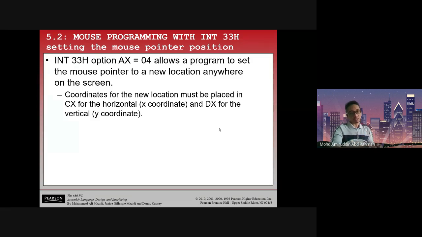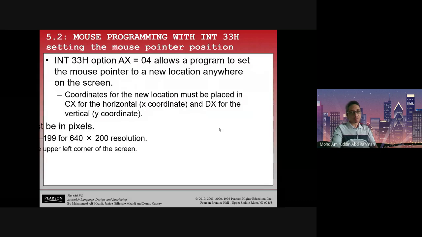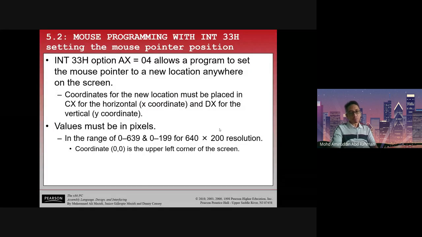Coordinates for the new location must be placed in CX for the horizontal and DX for the vertical. The values must be in pixels, in the range of 0 to 639 and 0 to 199 for 640 times 200 resolution.